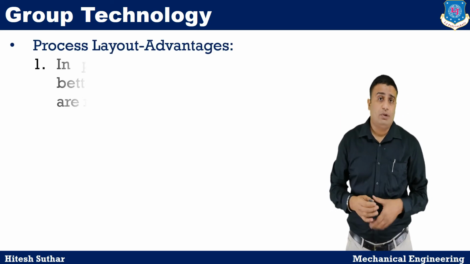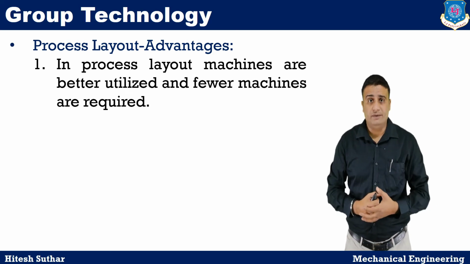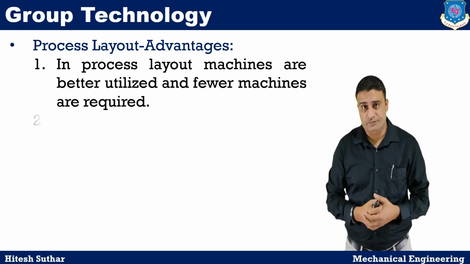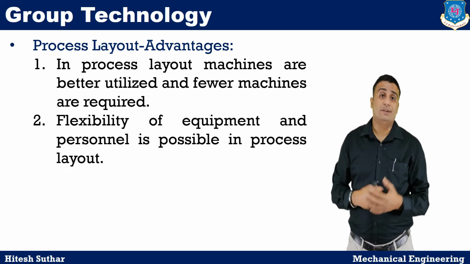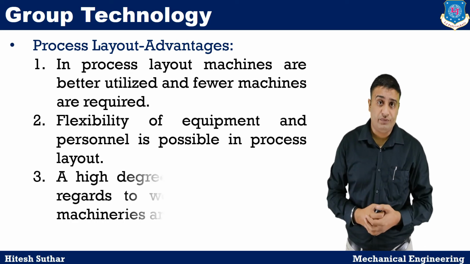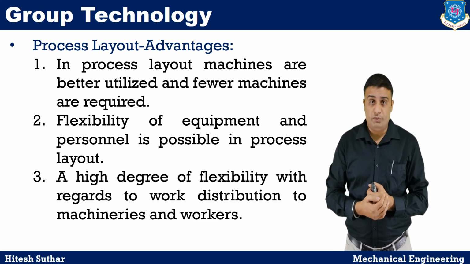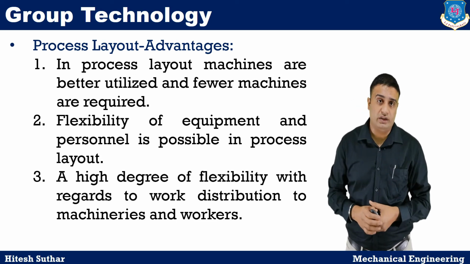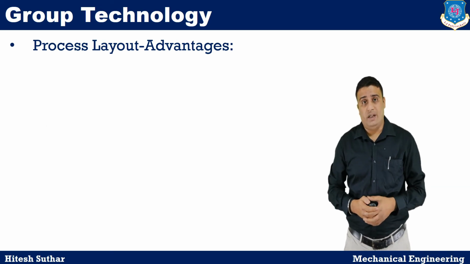Number one, in process layout, machines are better utilized, as we see in the previous figure, and fewer machines are required. Number two, flexibility of equipment and personnel is possible. Number three, a high degree of flexibility with regard to work distribution to machinery and workers.